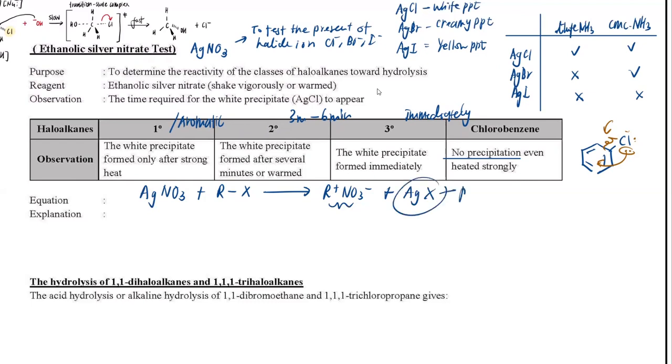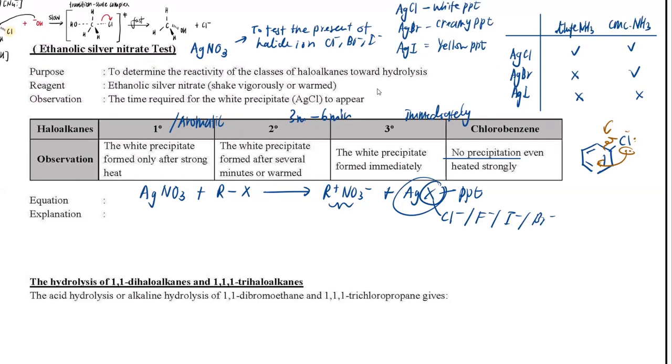This one will be your precipitate, which shows a color. X depends on whether it is chlorine, iodine or bromine. For example, if you form a white precipitate, there is chloride present. If you have a yellow precipitate, there is iodide present.